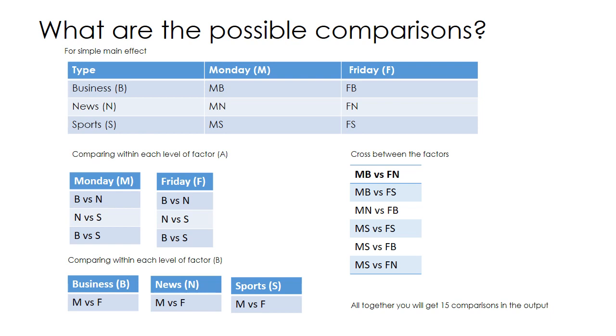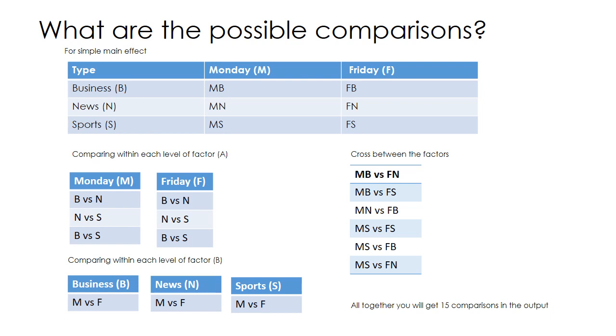We have 3: business, news and sports. For business, you can compare Monday's business and Friday's business. For news, you can compare Monday news and Friday news. You can also compare the number of inquiries after Monday sports and Friday sports.